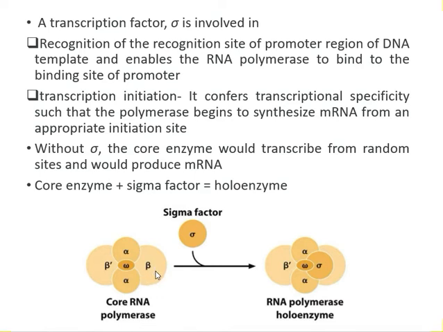So, a large beta, beta dash, 2 identical alpha and 1 omega. Along with that, there is one more factor which will add to this core RNA polymerase. It should bind with this core RNA polymerase so that it becomes a complete enzyme or the holo enzyme. And this factor is called the sigma factor.